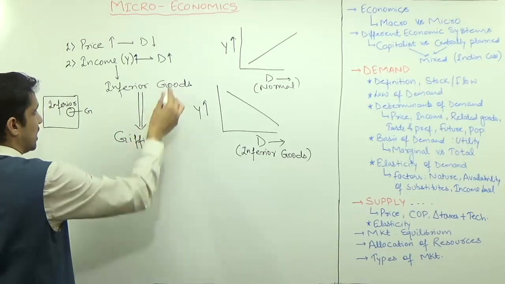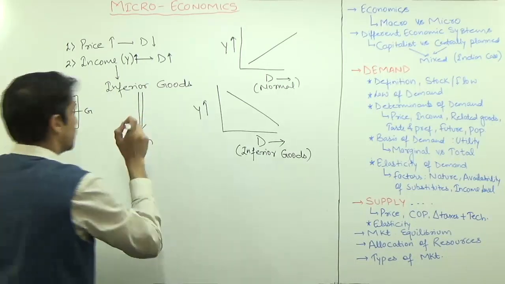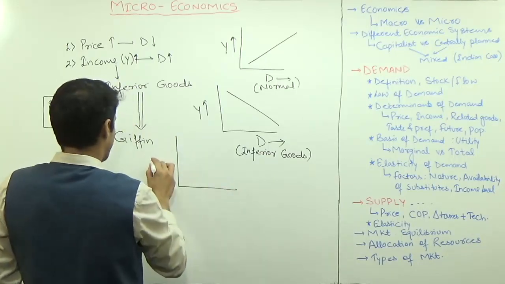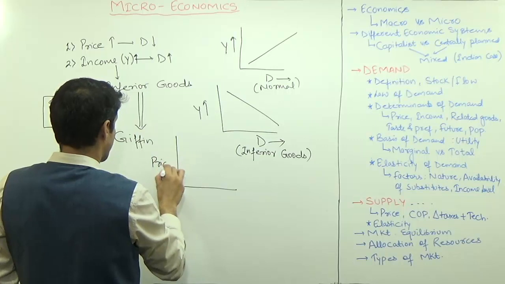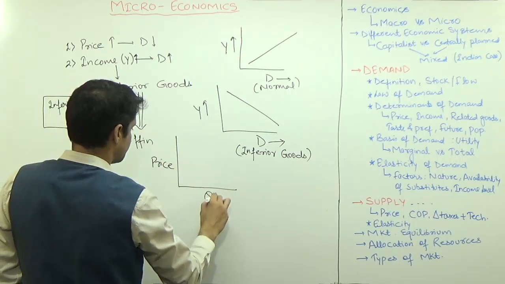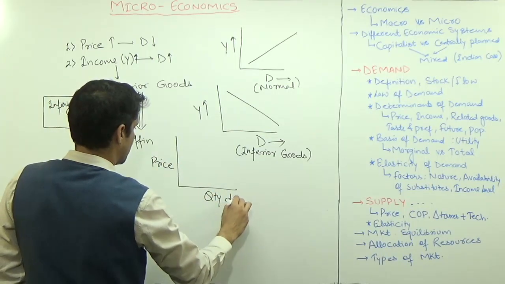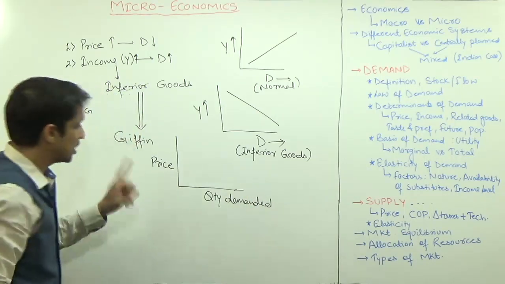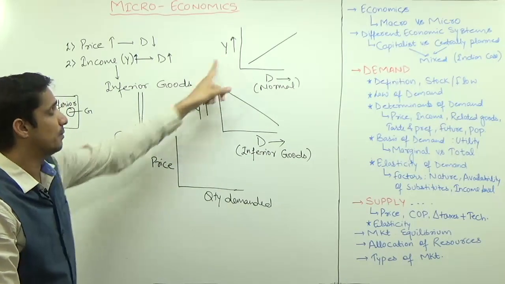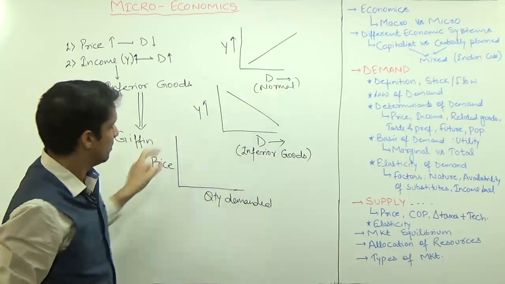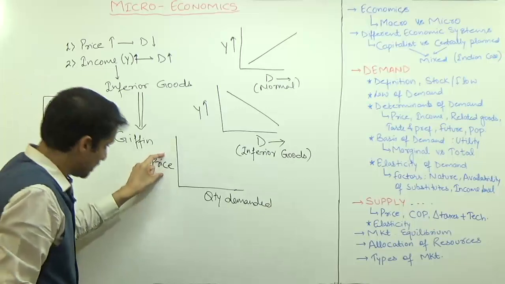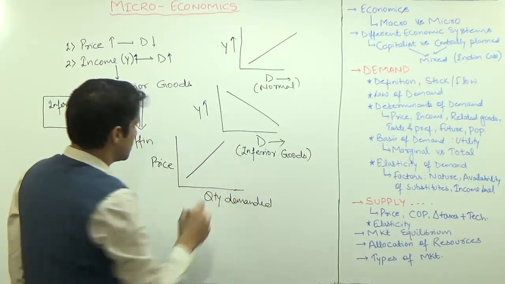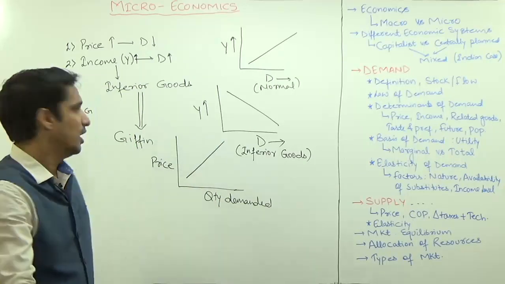So Giffen goods come under inferior goods, but the characteristic of a Giffen good is, first of all, that it gives you the relationship between price and quantity demanded. It is not giving you the relationship between income and quantity demanded, and the relationship is directly proportional.